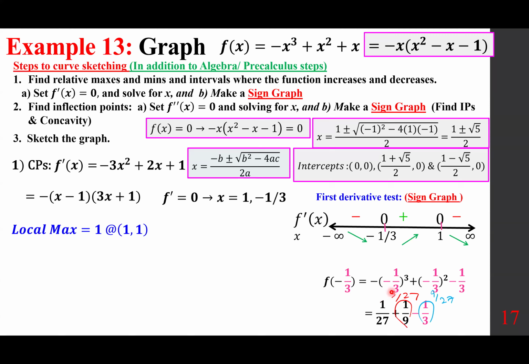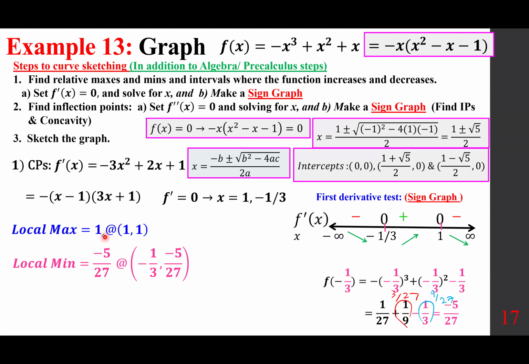So 1 plus 3, 4 minus 9 is minus 5/27. And we write local minimum equals negative 5/27 at the pair. The function is increasing here from negative 1/3 to 1 and decreasing here. That means from negative infinity to negative 1/3, union 1 to infinity.